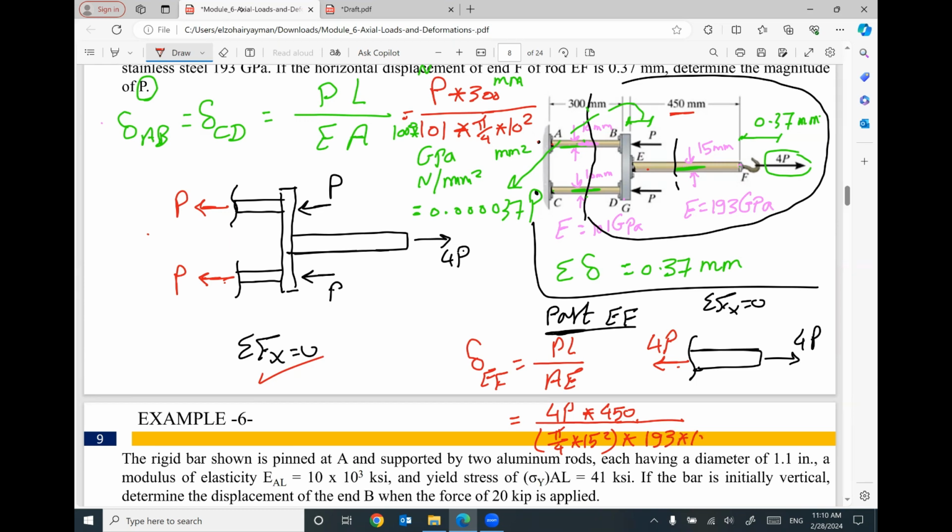I'm going to multiply it by 1000 to get megapascal, Newton per millimeter square. We are good. So 4 times 450 divided by this value will be 0.00052P.